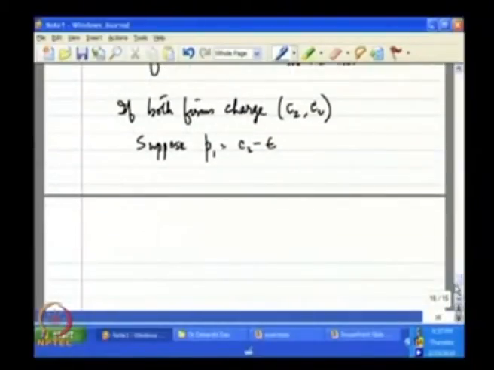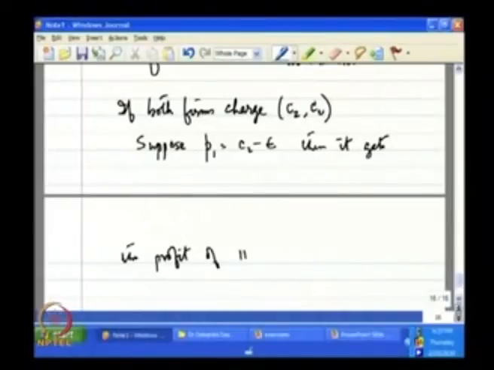Now, if firm 1 is charging a price just a little less than C2, it gets the profit of phi 1, which is a function of C2 minus epsilon.